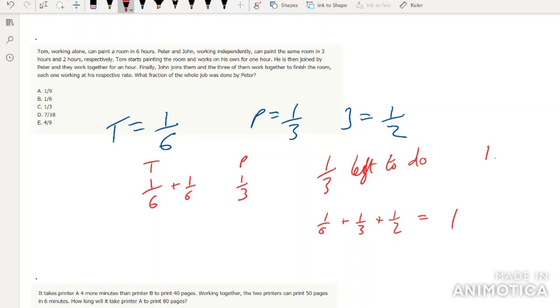Oh, so they work together for another 1/3 of an hour. And so Tom and Peter in that time do another 1/3 of 1/3. So he does another 1/9. And so 4/9 looks like how much is done by Peter.